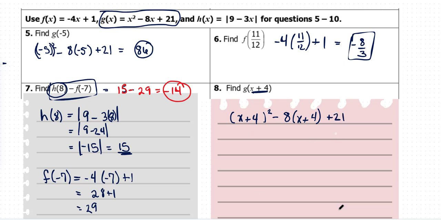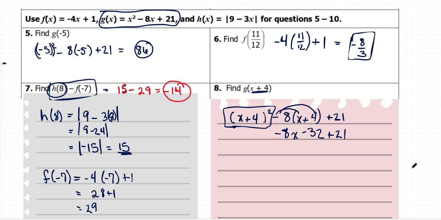So here, I can easily do the last part. Negative 8 to each part gives me negative 8x minus 32 plus 21. But this front section takes a little bit more work. And there's two different ways you could actually work through that one.